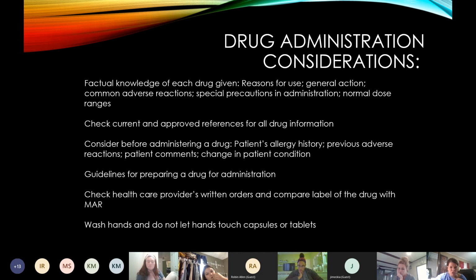Those cannot be crushed. Now with our gel capsules, ideally we would always get a liquid form from the pharmacy, rather than going through all of this, but not all drugs come in liquid form. If they are regular medications, they can be crushed. Just normal medications. If they are capsules, the capsule itself cannot be crushed, but you can pull it apart and dump it.